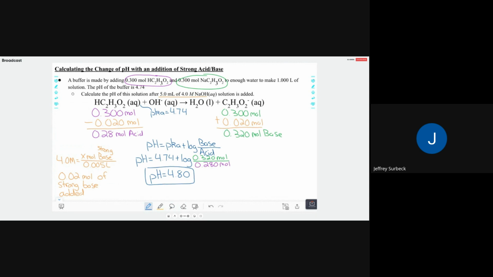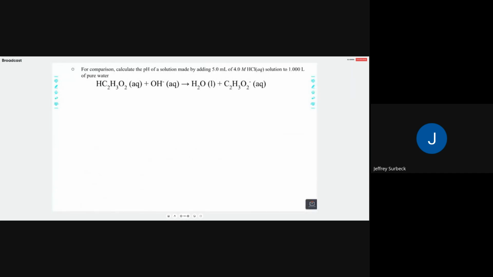Okay. One thing, I'm going to copy down this information right here and paste it here in just a second. But now, on the bottom of your sheet, we have the same exact scenario, but now we're adding a strong acid.